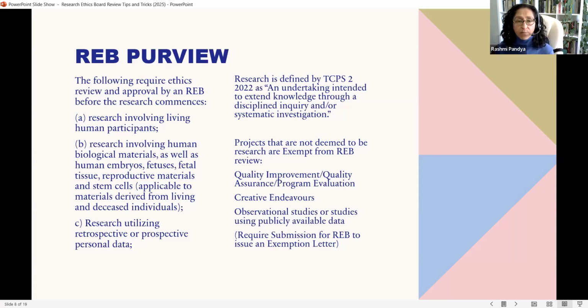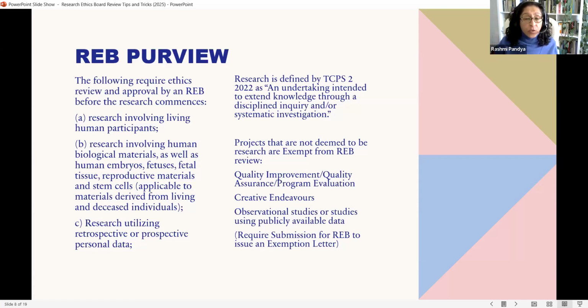But it would be exempt from REB review. This includes things like quality improvement, quality assurance, or program evaluation initiatives, creative endeavors, which has become a big challenge for the REB. When that creative line is crossed into research data collection, it's a bit of a navigation to determine when something falls under research and when it would be exempt.